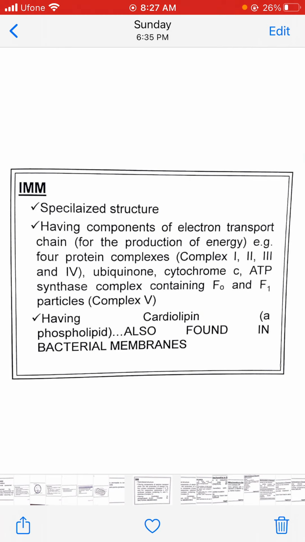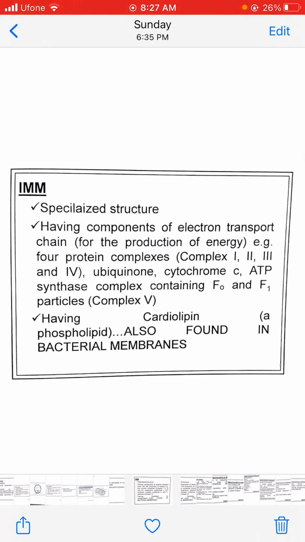IMM is a specialized structure, and it has the components of the electron transport chain. The inner mitochondrial membrane is basically designed for the electron transport chain, for the production of energy.